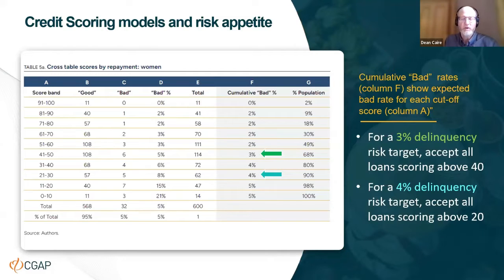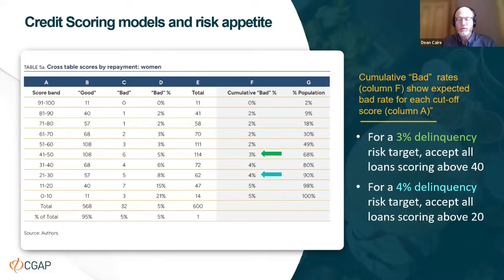It means that at the green arrow, if I approved, based on this analysis, all the women who scored above 40 points, 41 and above, so all the higher scores, then I would expect 3% of that total population to be delinquent, and that would be 68% of my past borrowers. So this doesn't just have to be accept or reject. I could apply a new strategy and say, I am going to approve all the women over 41, and then I would expect 3% of them to be delinquent.